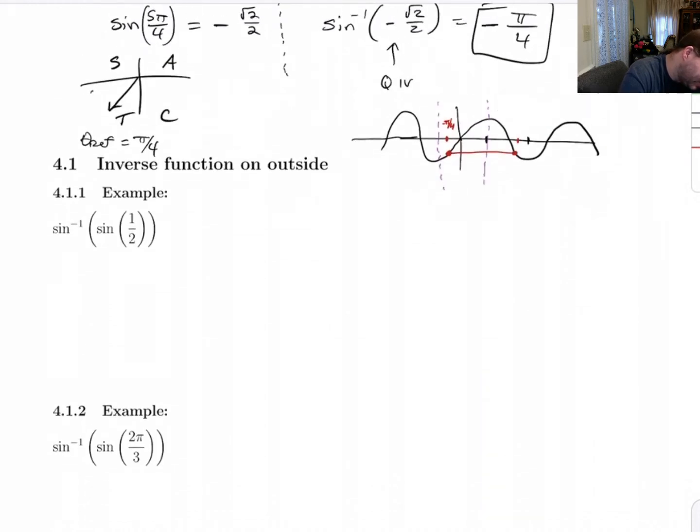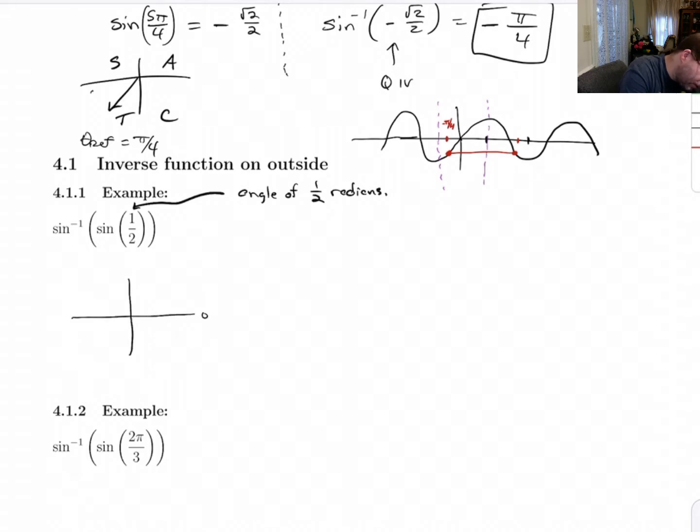Let's do some examples. This first one is a little bit weird. Sine inverse of sine of a half. What is sine of a half? This is an angle of 1/2 radians. Where is that in terms of the quadrants? This is 0, this is pi over 2, this is pi, 3 pi over 2.